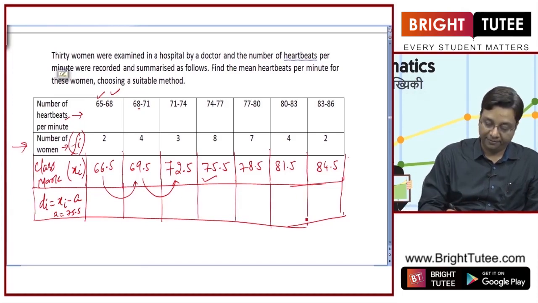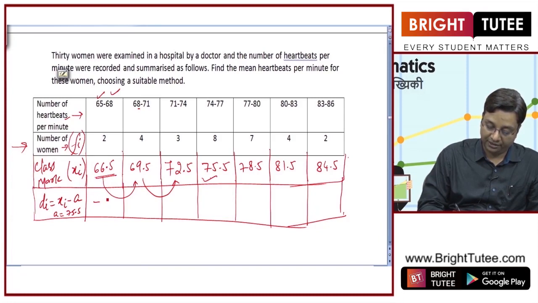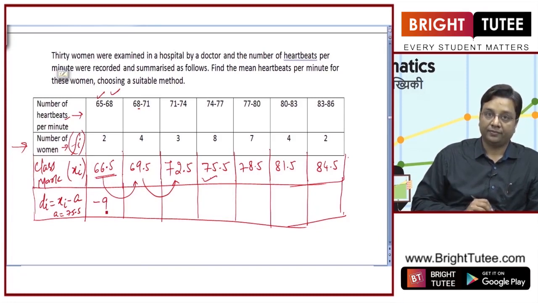So what will be di? If you subtract 75.5 from this, that means 66 minus 75, it will give you minus 9, right?